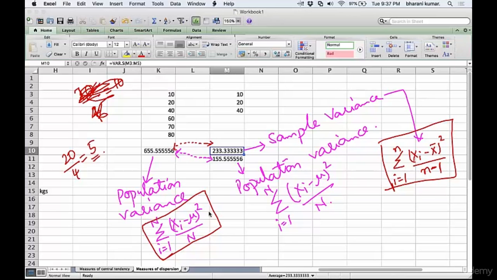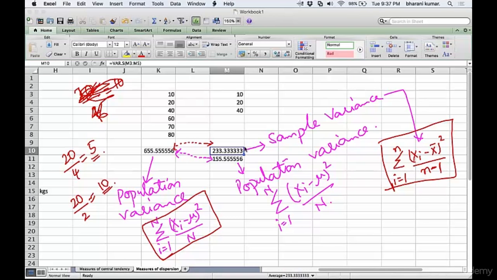Now, what will happen if I reduce the denominator? Here I'm reducing the denominator. I'm subtracting the number of data points minus 1. What do you think will happen? If I reduce this, say I'm reducing the denominator from 4 to 2, what will happen to the actual value? It will increase, right?